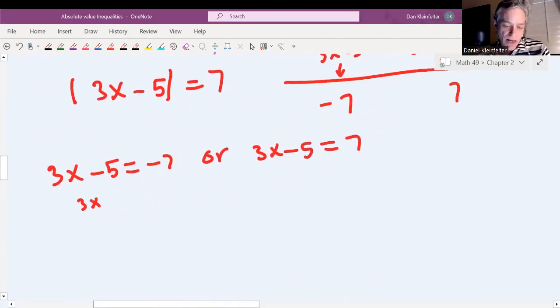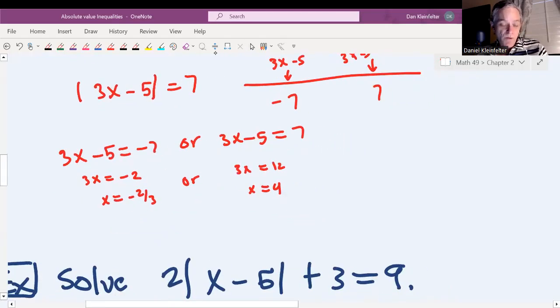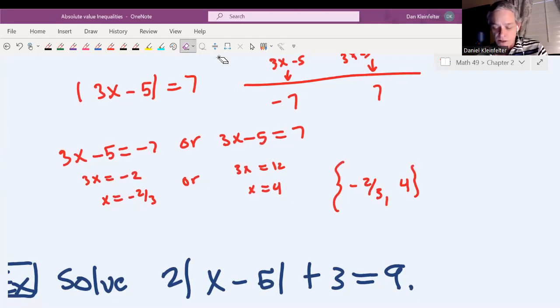This will give us 3x is -2, so that x is -2/3, or 3x could be 12, so that x is 4. Once again, there are 2 values that satisfy the equation, -2/3 and 4.